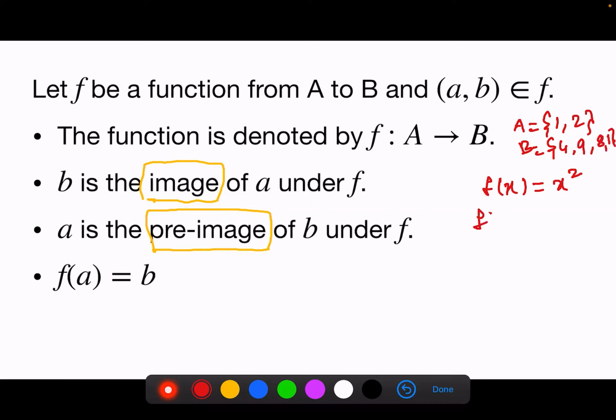Then you write f of 1 as 1 square, which is 1, and f of 2 as 2 square, which is 4. You have that bracket, and whatever input you provide goes there, and then it does what it has to do. If it has to square, it will square. It depends on the function definition, so this can vary. I think this is clear, right?